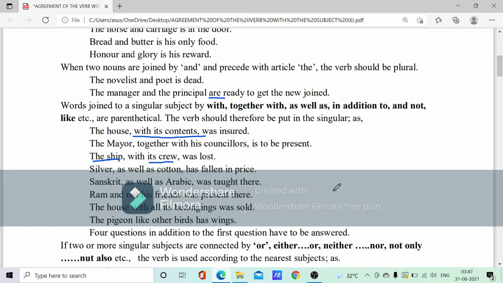I mean, the nouns which are added with these phrases are not the direct parts of the subject, right? So you need not apply the verbs according to them. You have to see the real subject, and then use the verb accordingly.